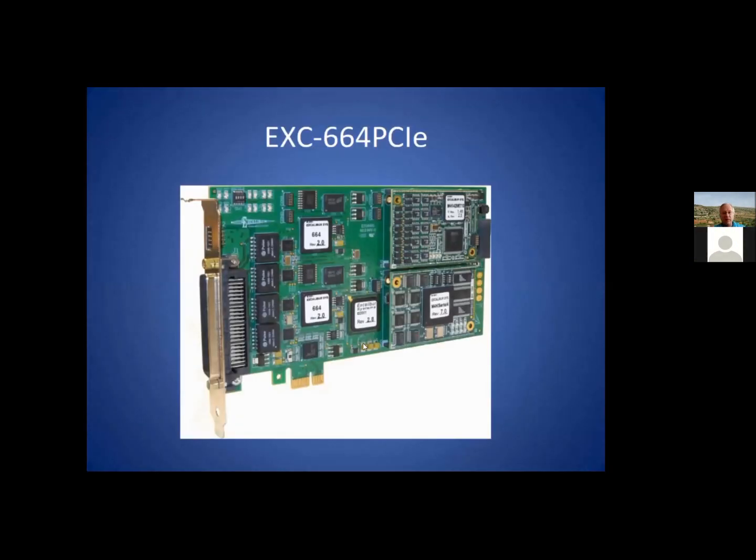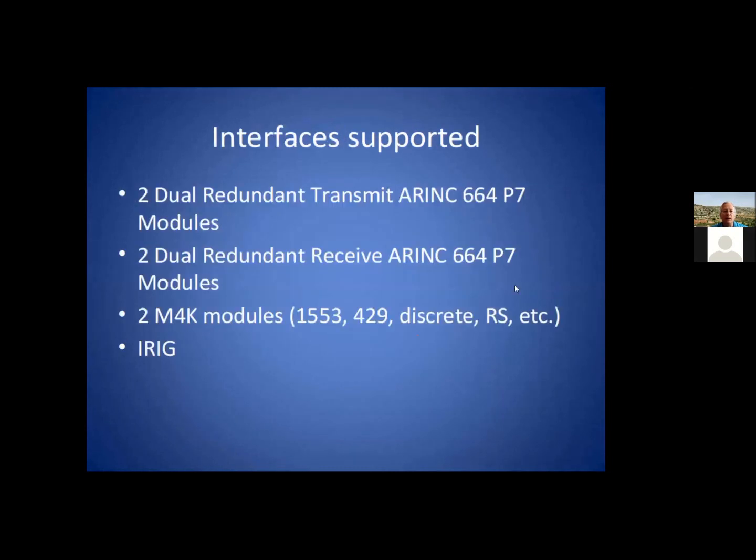Okay, here's a picture of our card, and as you can see, there's a base card, and then there are 2 modules. And the modules have nothing to do with AFDX. We'll get to them in a little while. So what does the card do? It has two dual redundant transmitter modules and two dual redundant receive modules, meaning that, right, an end system needs to be one transmitter and one receiver.